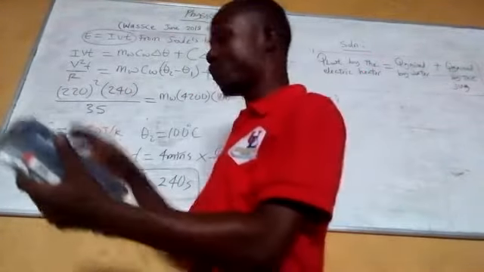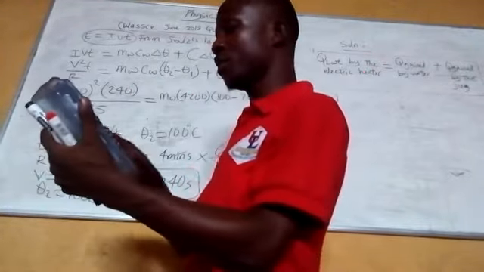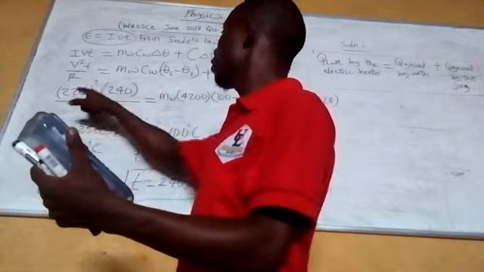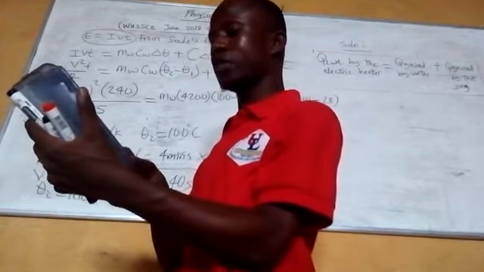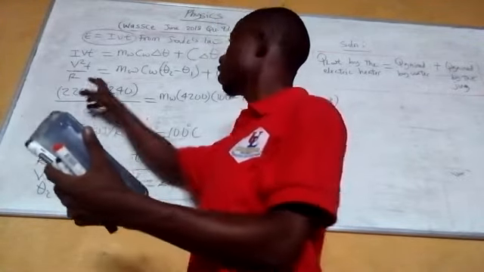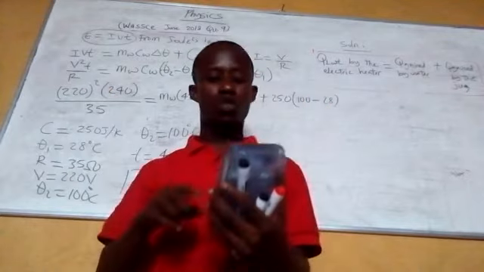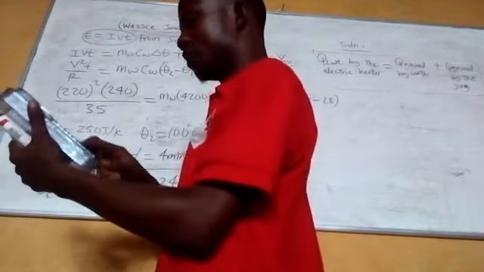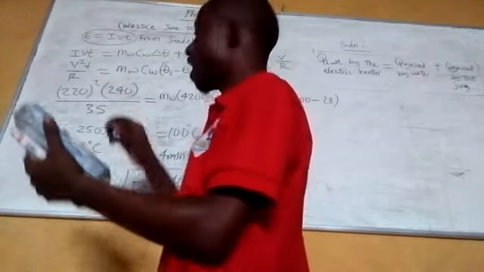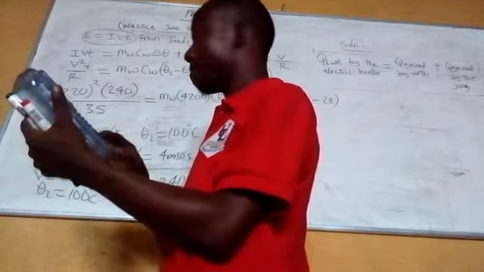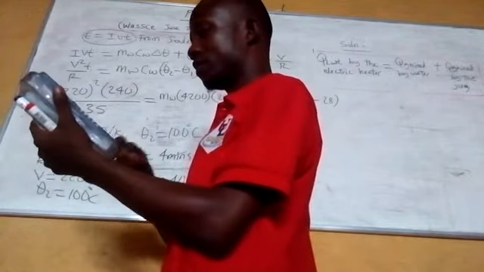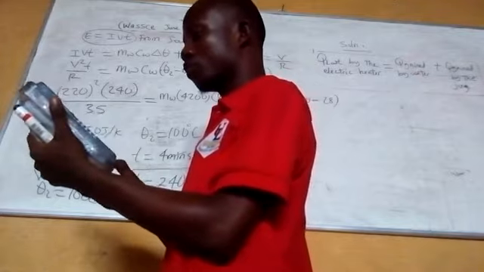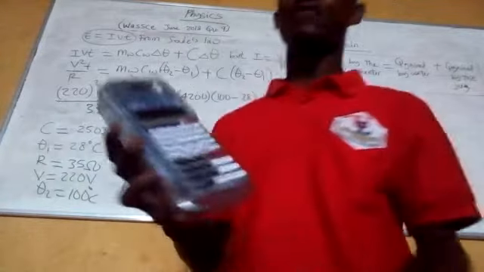Here we do the calculation. We have 220 squared times 240, equal to. So we multiply out our first value.